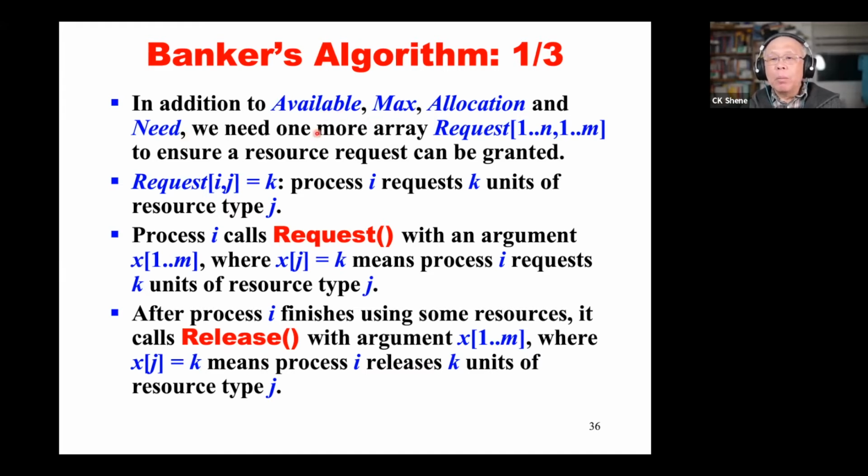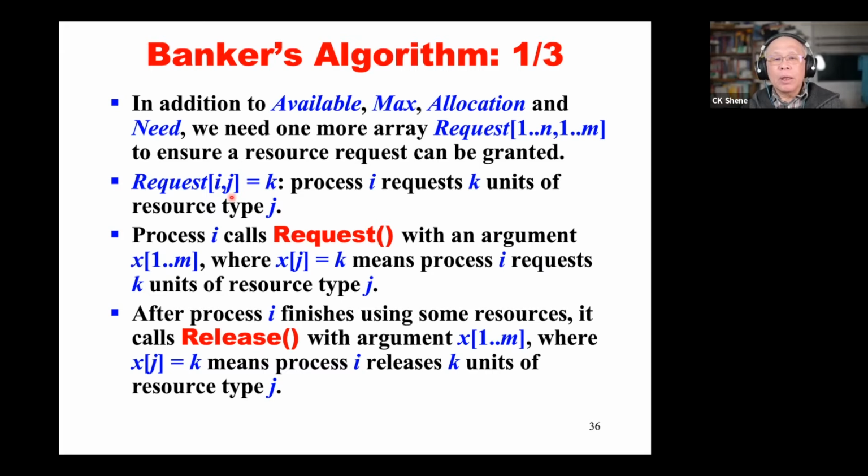But we need one more array, request, whose dimension is the same as max, allocation and need. Its purpose is to record the resource request by each process. Here, request[i][j] equals k means process i requests to use k units of resource type j.